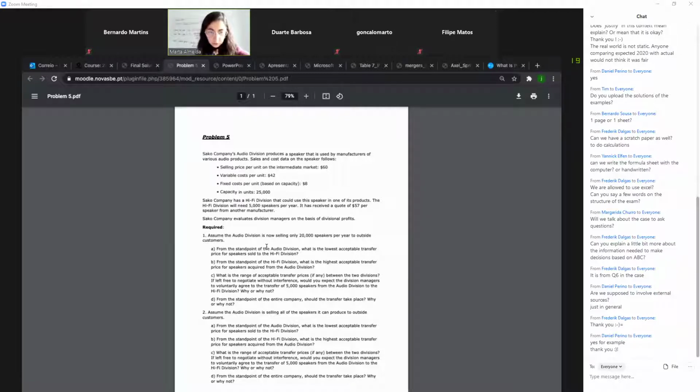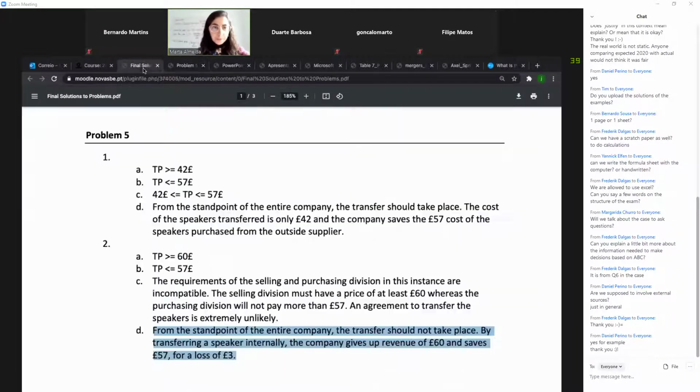O preço mínimo para a selling division é 60 euros e para a buying a máxima é 57. Eles não vão chegar a um preço, mas para a empresa total é melhor não, porque como um todo ela ganha mais se vender externamente e se comprar externamente.